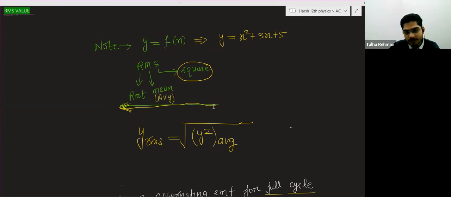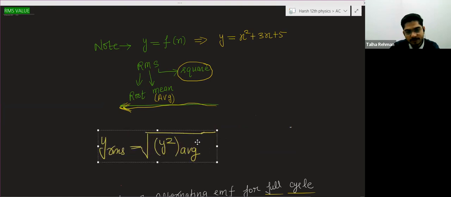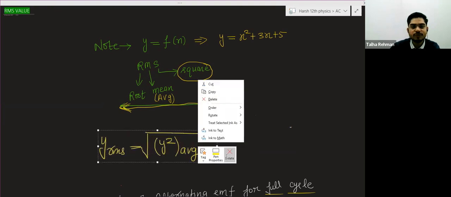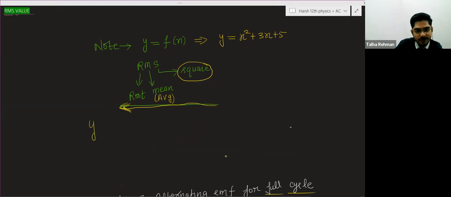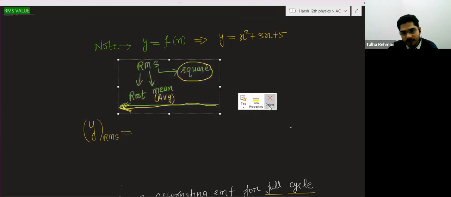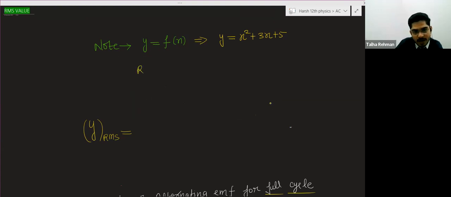S means square. So basically in this direction you have to go. For example, if you want to find the root mean square value of y, listen, first you will do the square of y.